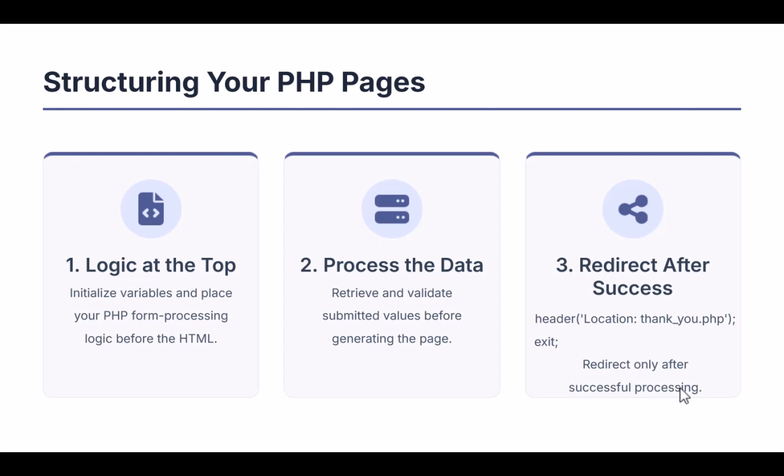We also learned that once the form is successfully processed, PHP can use the header function to redirect the user to another page, followed immediately by exit to stop the current script.